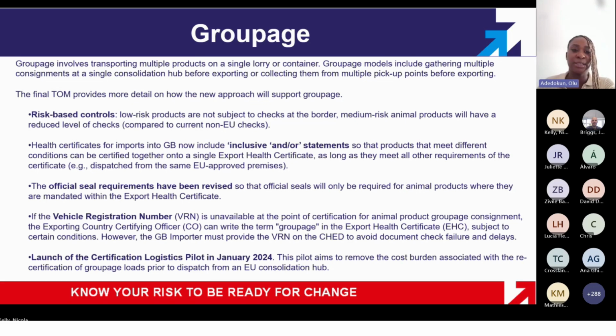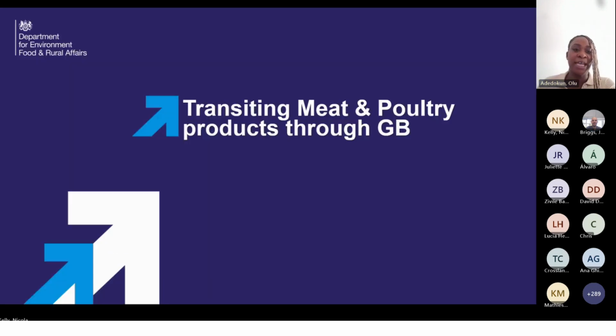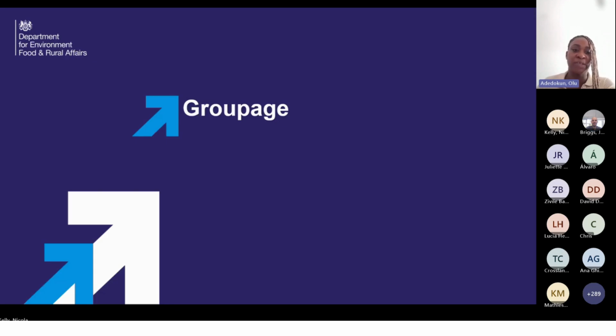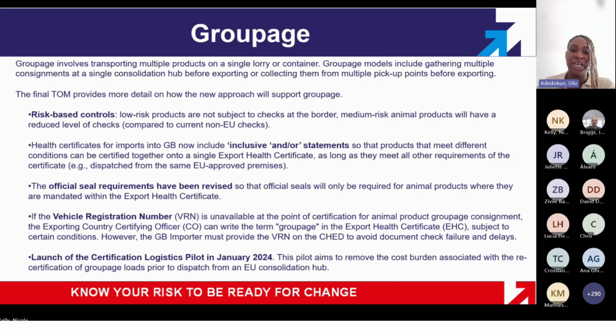This is, of course, subject to certain conditions. However, the GB importer must provide the vehicle registration number on the check to avoid document check failure and delay. And as I mentioned on the previous slide, there will be the launch of the certification logistics pilot in January 2024.